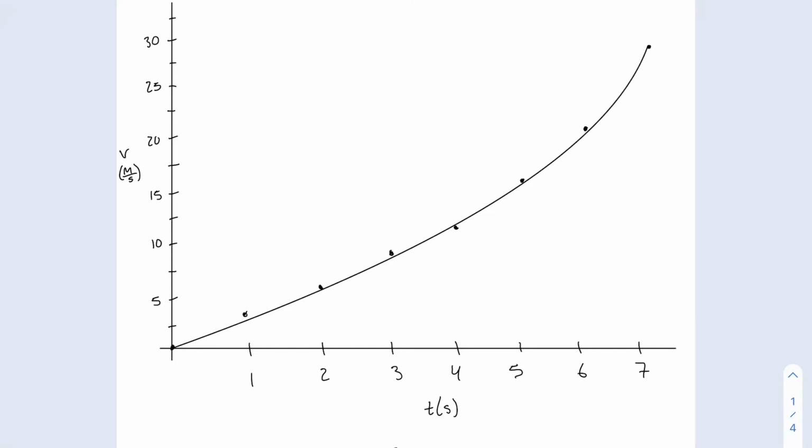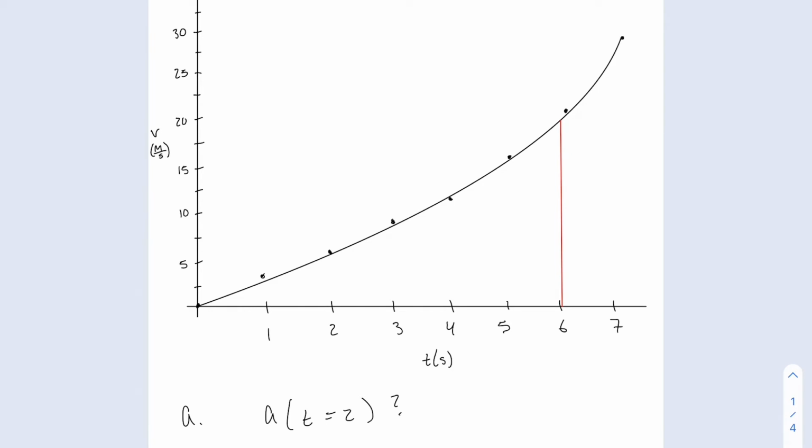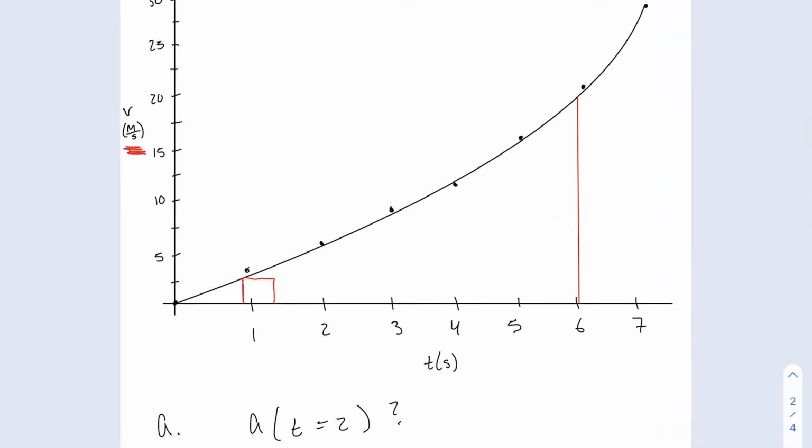Another thing you could do is, a lot of times when we had shapes that were not a triangle or a rectangle, we split it up into triangles and rectangles. So we could split the curve up, all the way to 6 seconds, into a bunch of rectangles, where the height of this rectangle is going to be the function, or the velocity rather.